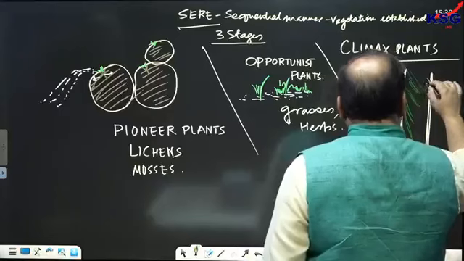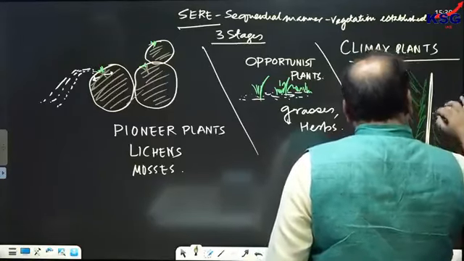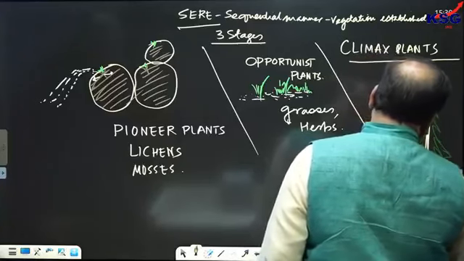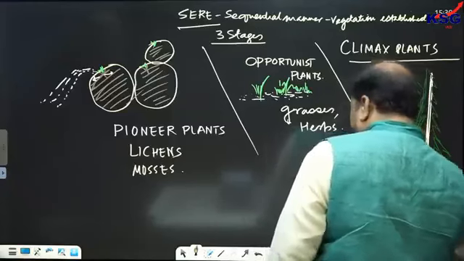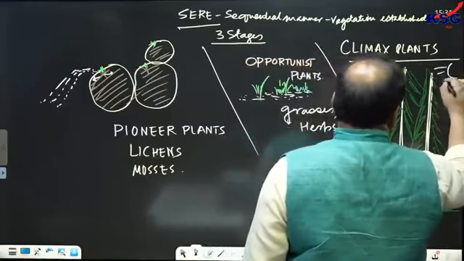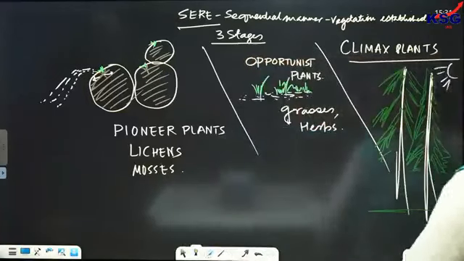So the lower vegetation of this area would be very scarce. For example, pine tree, deodar. Why? Because the solar radiation has been obstructed by these trees.